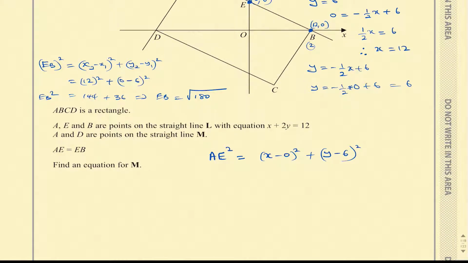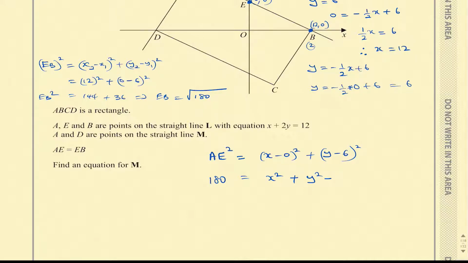Now, we know AE is actually 180. So AE squared is 180. So we have X squared plus Y squared minus... actually we know what Y is.